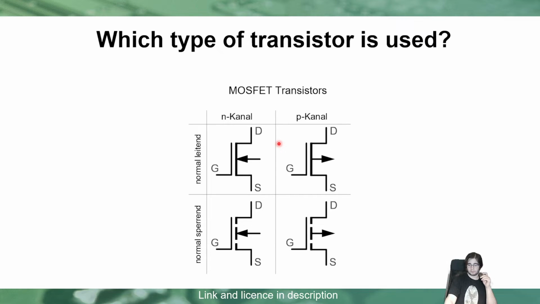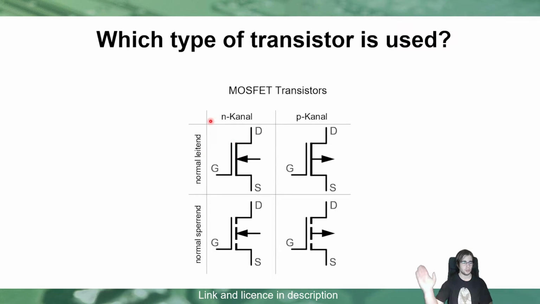With many transistors, the gate, the signal that opens or closes them, gets mixed into the electricity. But MOSFET transistors, which are called field effect transistors, don't do that.